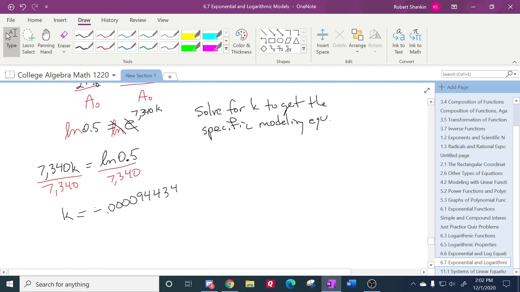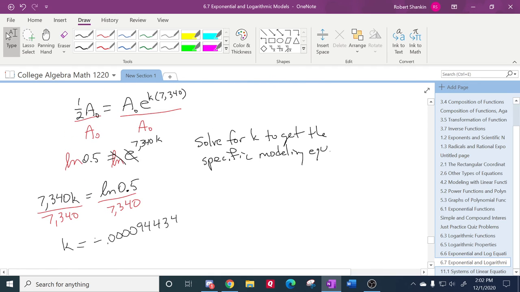Alright, now I can write my specific modeling equation. I can't get the A0, so I leave it as A0. But I'm going to replace the K with this.